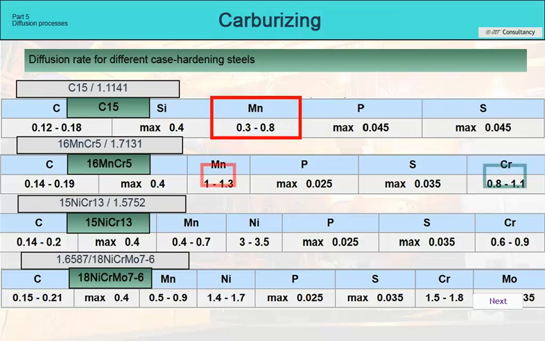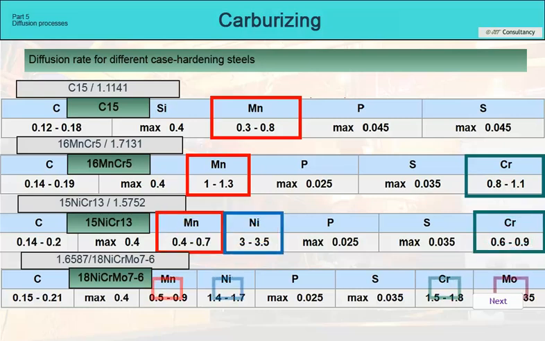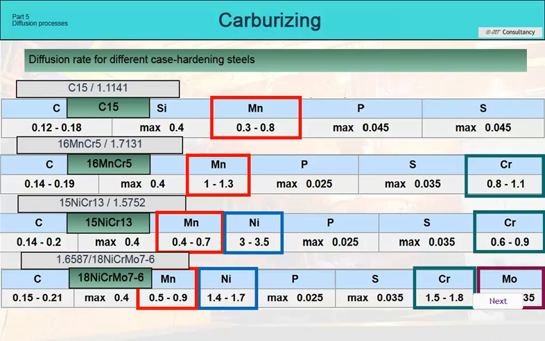The second steel already has around 1% chromium and an increased manganese content, and in the third and fourth case, these are steels with additional nickel or molybdenum. However, precisely because steels have different alloys, the diffusion rate will be different and individual for each steel. This is due to the fact that alloying elements that form carbides usually slow down diffusion.